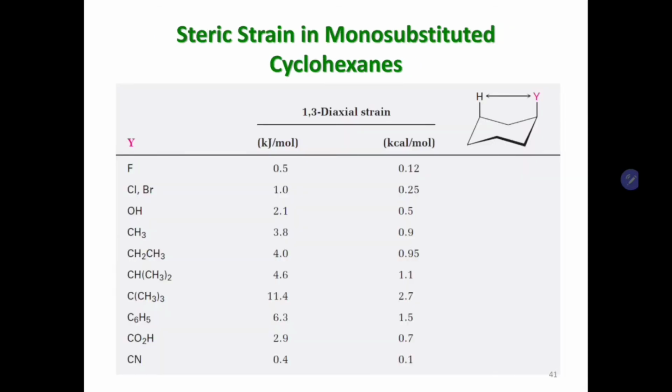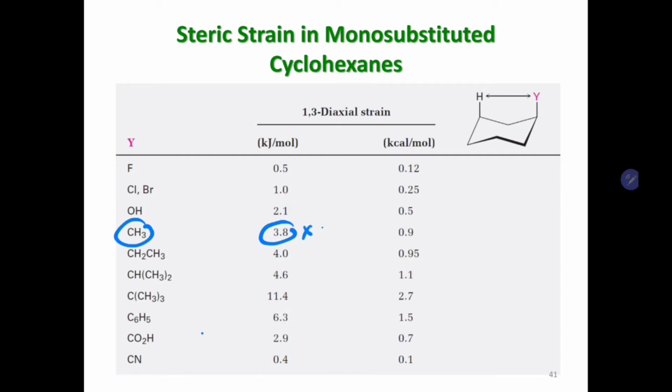Of course, when you have different substituents, the energy of 1,3-diaxial strain will be different. So we already learned about the methyl group, which is 3.8. But of course, this is the energy for only one interaction.